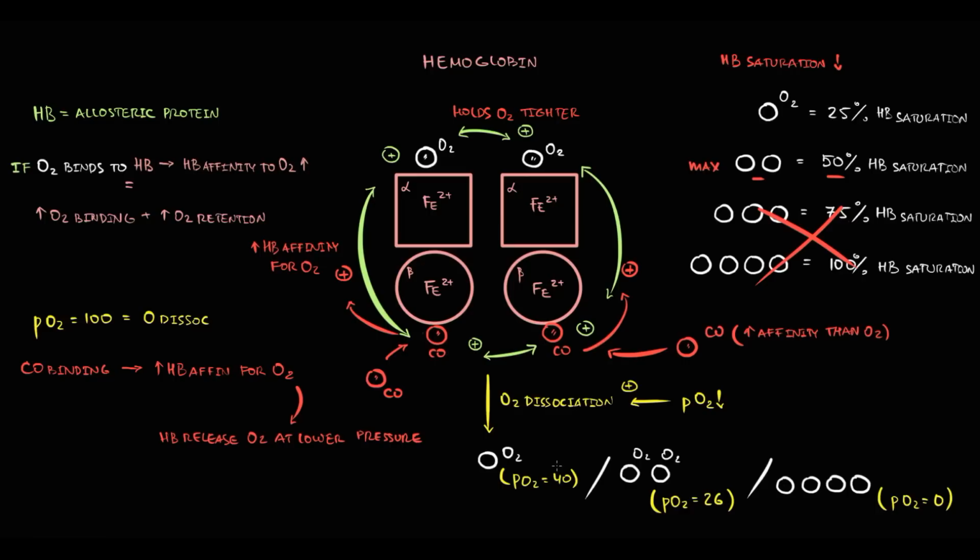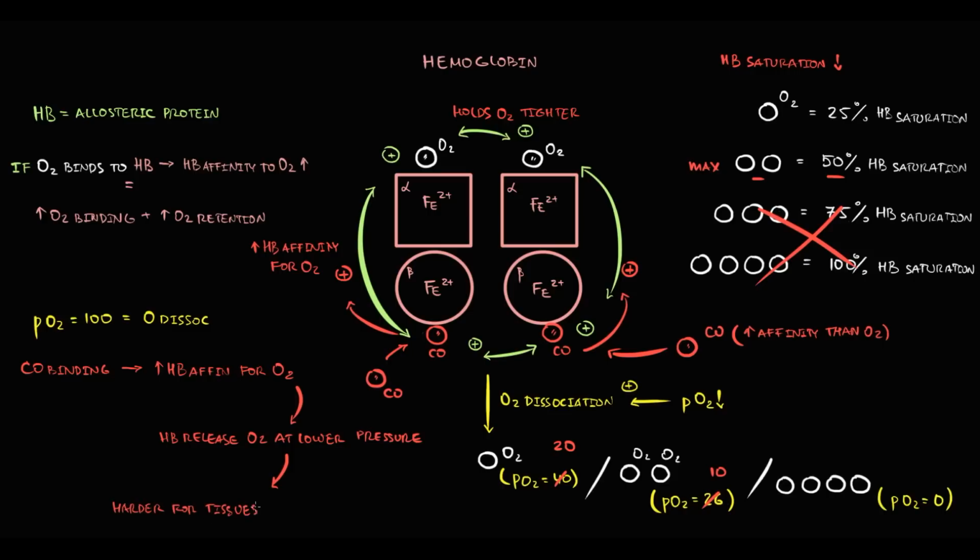For example, previously, hemoglobin released the first oxygen molecule at a partial pressure of oxygen 40, and now it will be 20, and the second oxygen molecule was released at 26, and now it's 10. So it makes it harder for tissues to get oxygen, and this makes hypoxia even more severe.